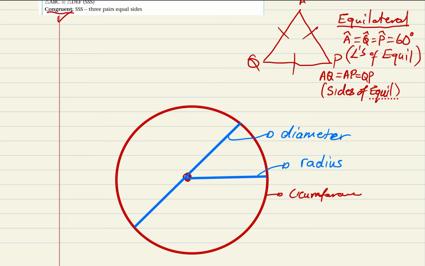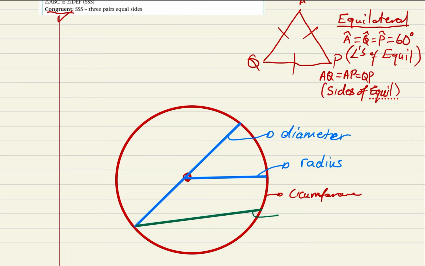Then again, we continue and have another line. This line is from the circumference going straight to another circumference. It does not pass through the center.